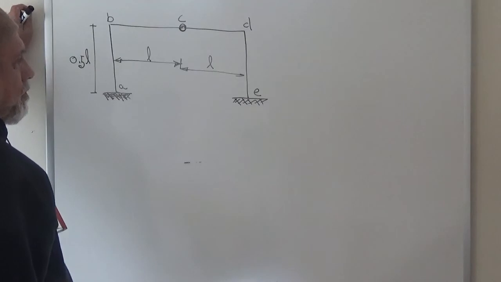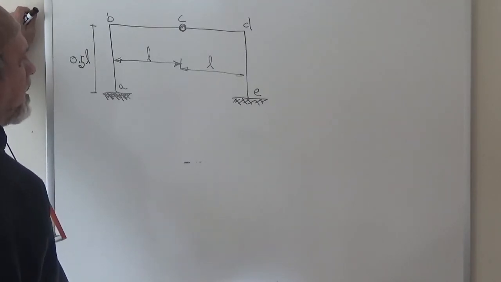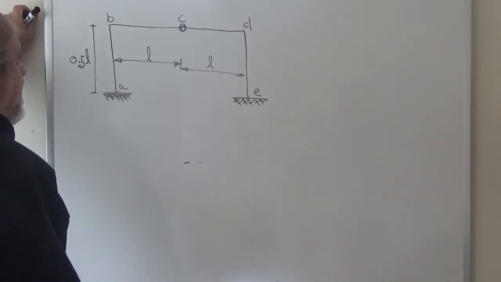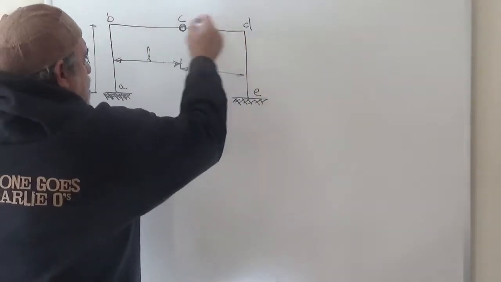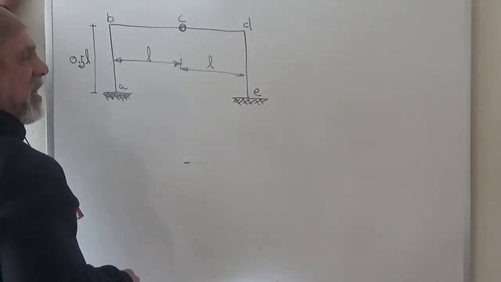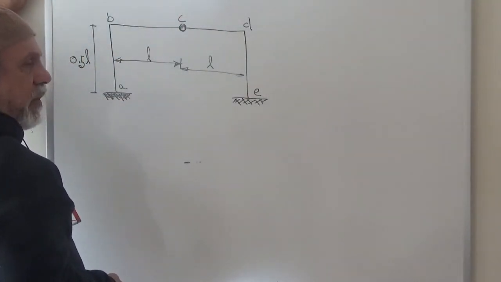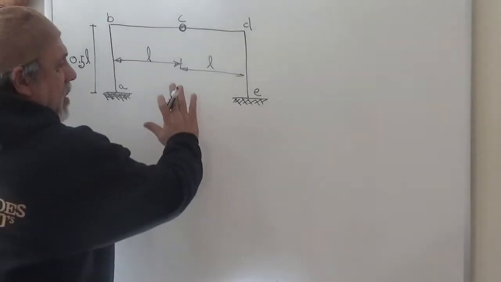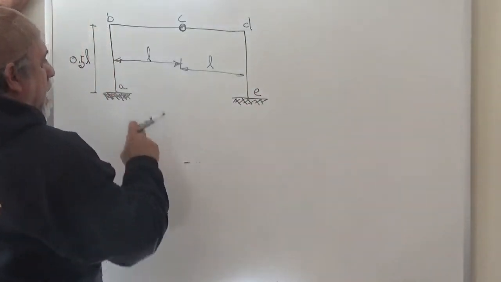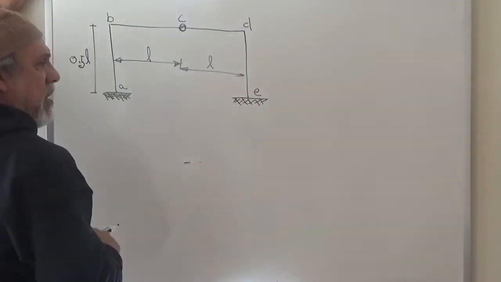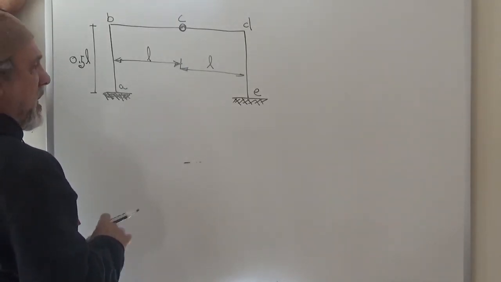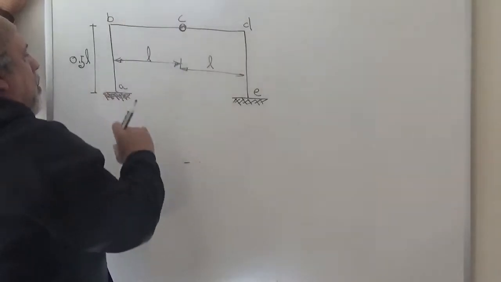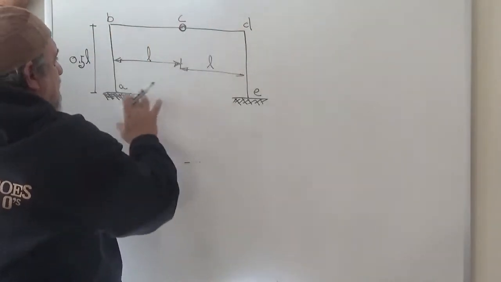Now, how indeterminate is this structure? The way to think about it is, if there was no hinge, this would be indeterminate to the third degree, which you can get by either eliminating the support and seeing that you just have a bent cantilever. But if you want to use the idea of the open tree, you could just cut it open through the middle and see two independent trees.